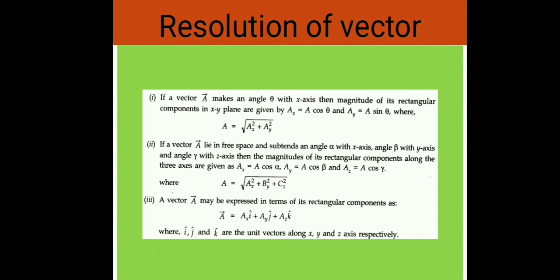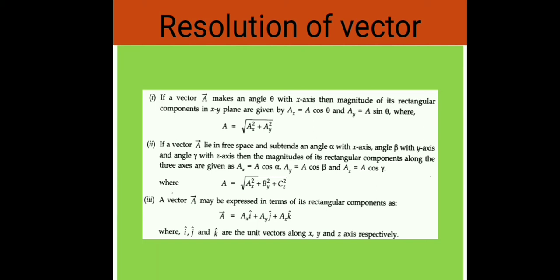Now vector A may be expressed in terms of rectangular components, that is A vector equals Ax i cap plus Ay j cap plus Az k cap, where i cap, j cap and k cap are the unit vectors along the x, y and z axes respectively.